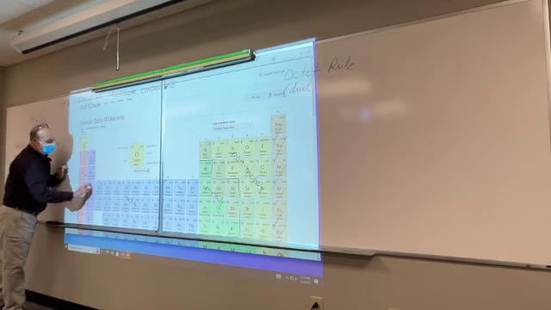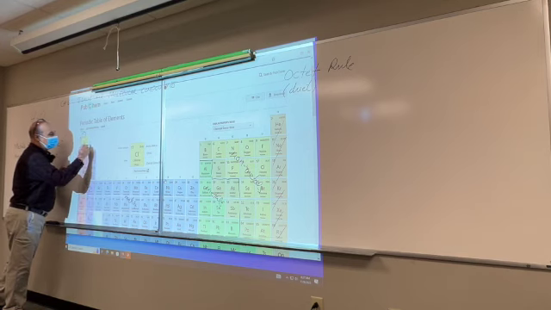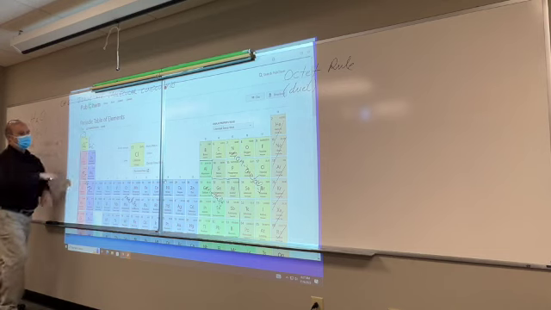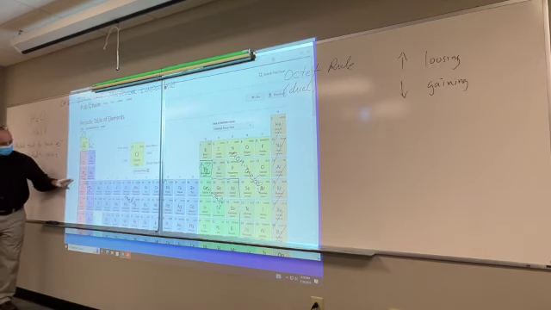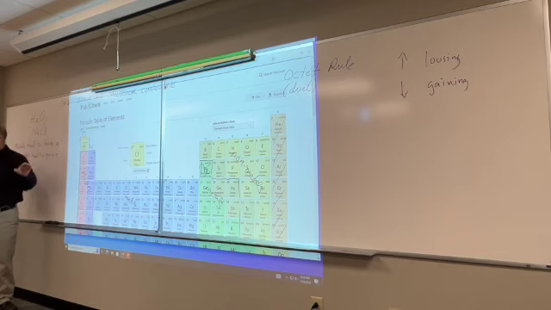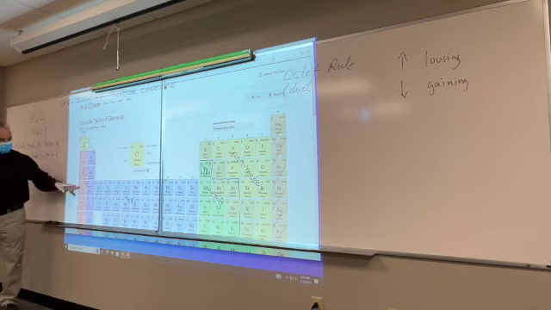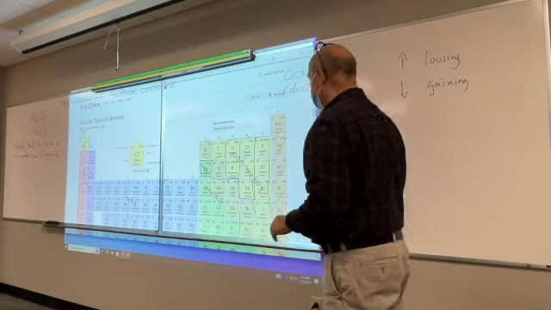Elements in group 2 are going to have a tendency to lose 2 electrons. So my up arrow is like losing. Okay, now, if you forget, then just remember the group number tells you how many electrons metals are going to lose. So metals lose electrons. That you have to remember.